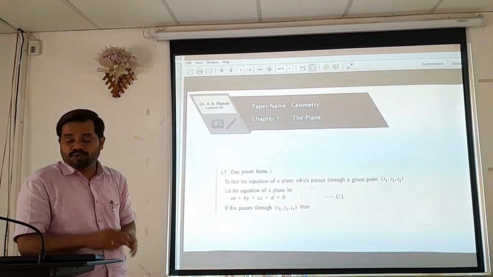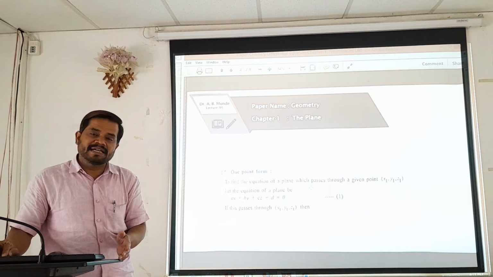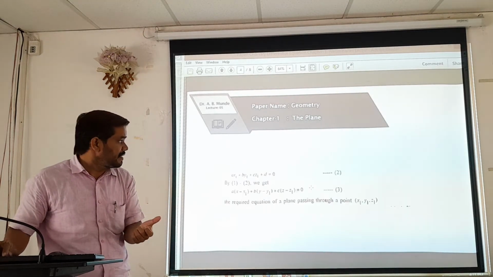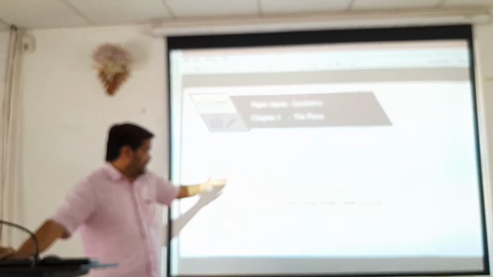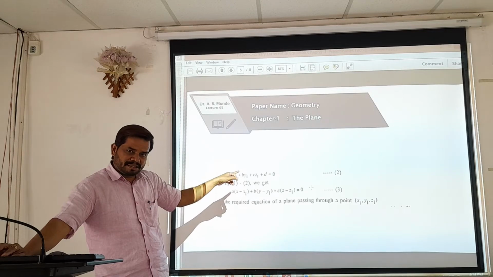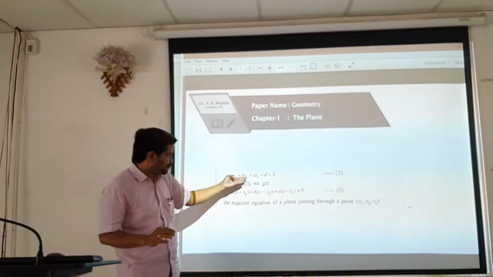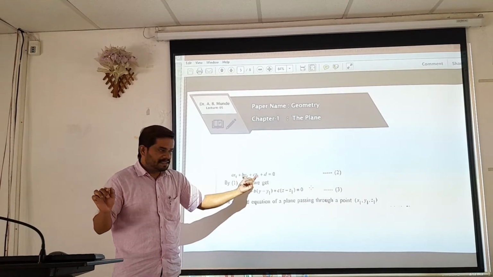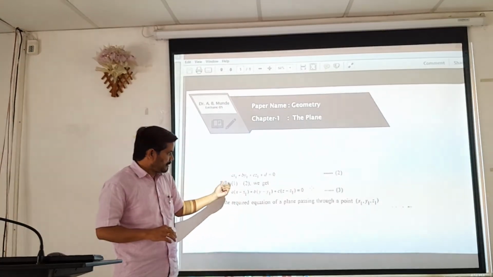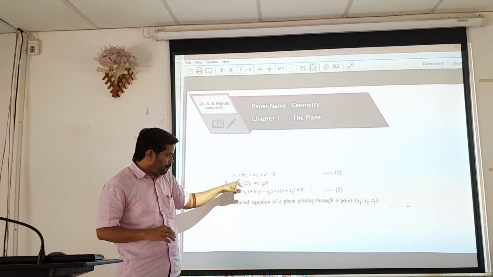If it passes through the given point, it means that the equation of the plane is satisfied by this point x1, y1, z1. So look at equation number 2. It is ax1 + by1 + cz1 + d = 0, because it satisfies the point x1, y1 and z1. So subtract 2 from 1.